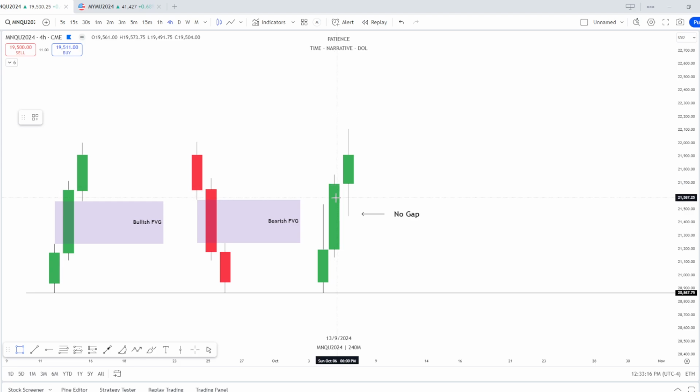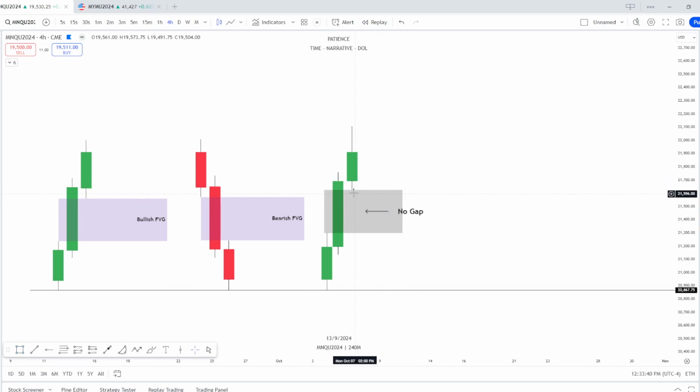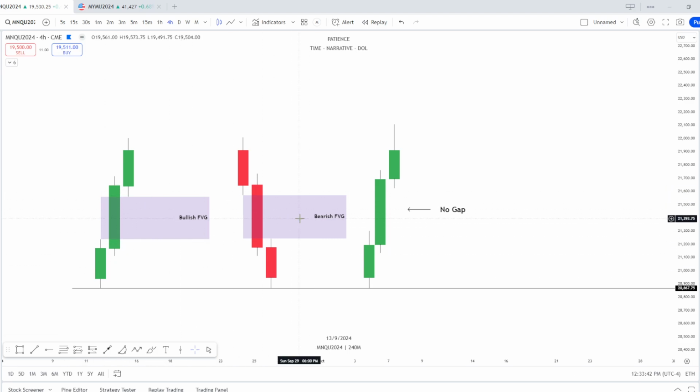There's always something to the right or to the left. Now, if I changed these wicks and put them like that, now we have this gap because there's nothing to the left of this candle and nothing to the right of this candle. So this middle candle is going to be the fair value gap, the same way that I showed it over here.